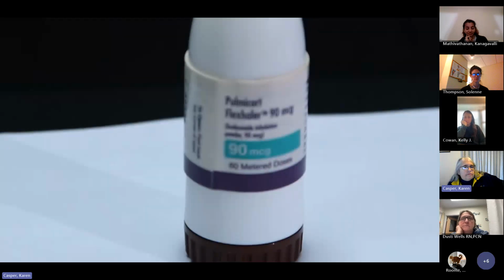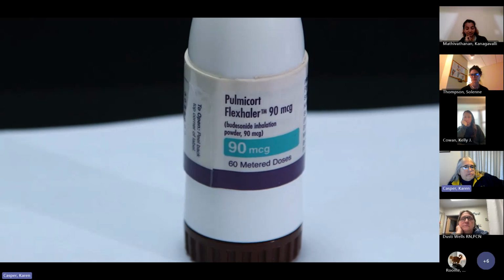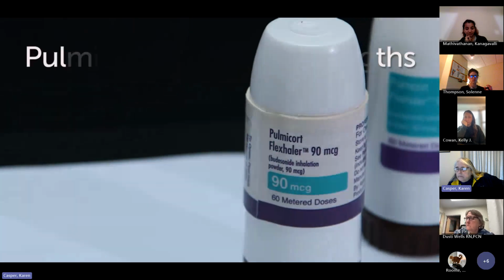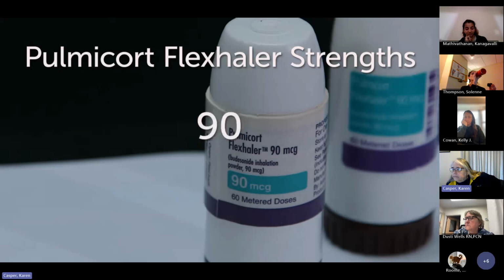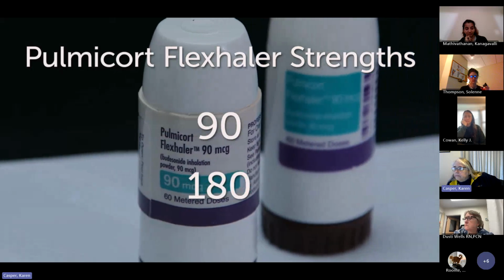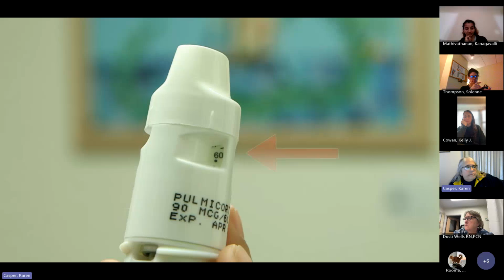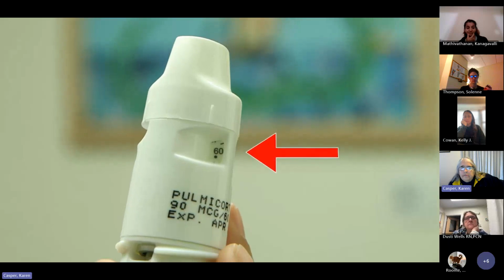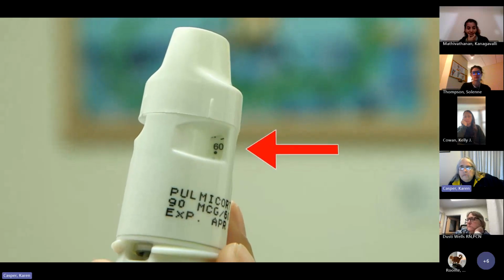The Pulmicort Flexhaler is a dry powder medicine that reduces the swelling or inflammation in the lungs. It is used daily to prevent asthma symptoms. The inhaler comes in 2 different strengths of medicine, 90 and 180. Check to see which strength you have. You can tell how much medicine is left in your inhaler by looking at the dose indicator on the side of the container.